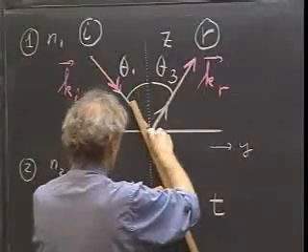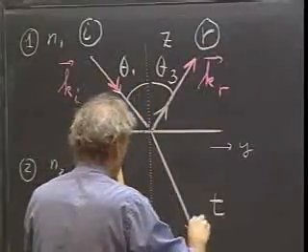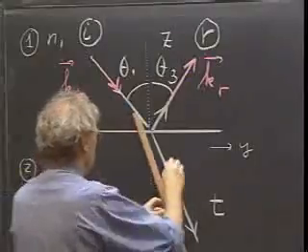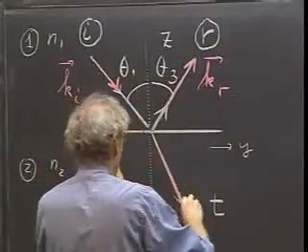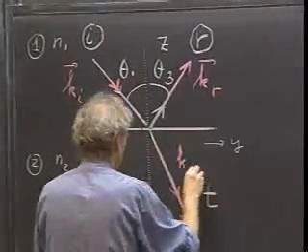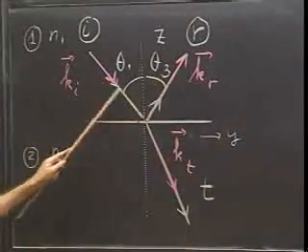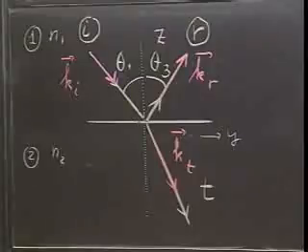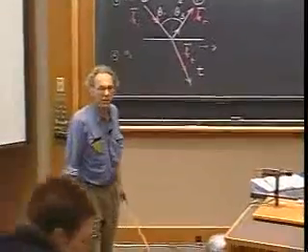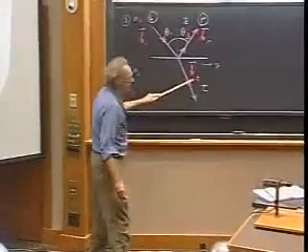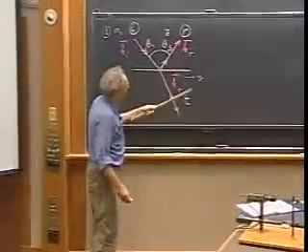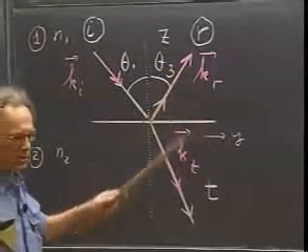And then some of that radiation goes into the second medium, and I have here k transmitted. The magnitude of these two k vectors is, of course, the same, because lambda is 2 pi divided by k, but the magnitude of the k vector here is different, because the two have different indices of refraction.